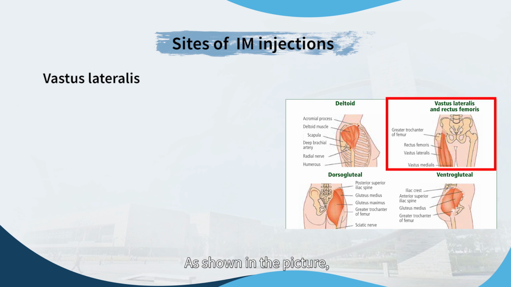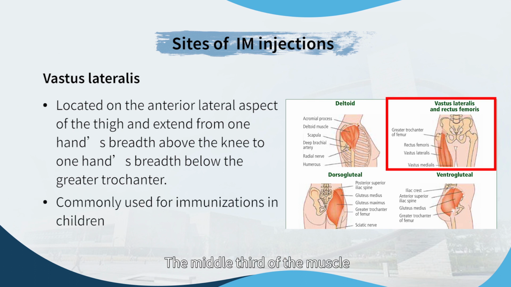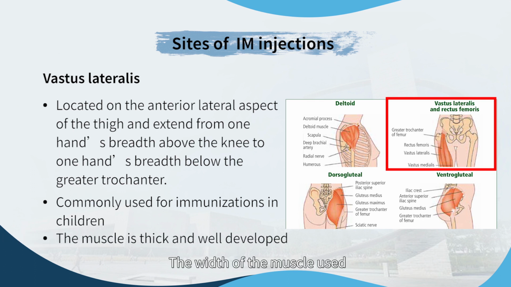As shown in the picture, this muscle is located on the anterior lateral aspect of the thigh and extends from one hand's breadth above the knee to one hand's breadth below the greater trochanter. The middle third of the muscle is used for injection. The width of the muscle used extends from the middle line of the thigh to the midline of the outer thigh.